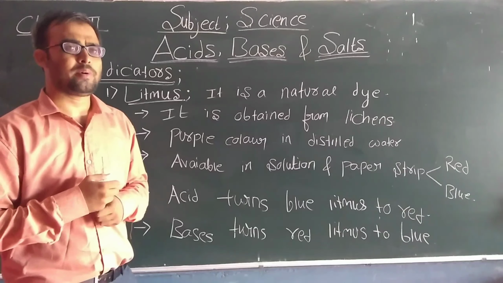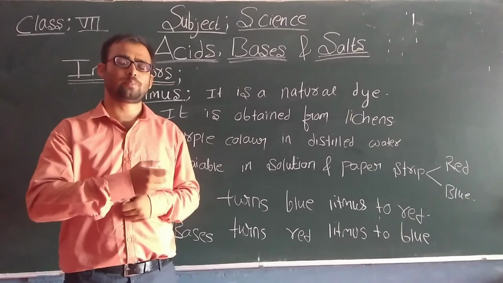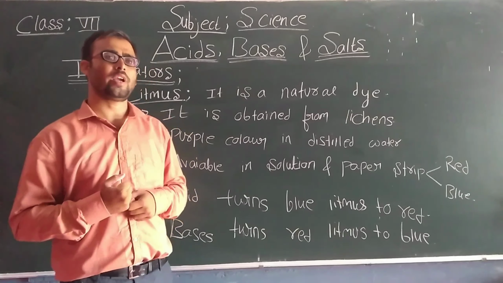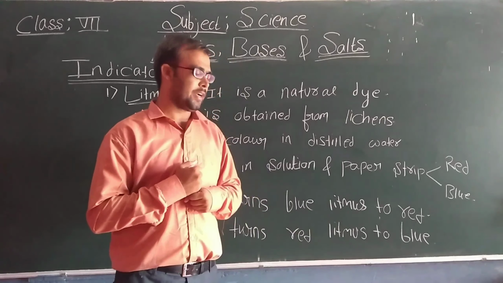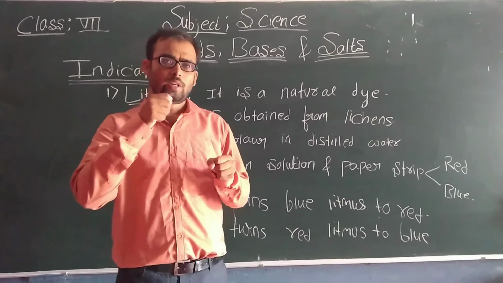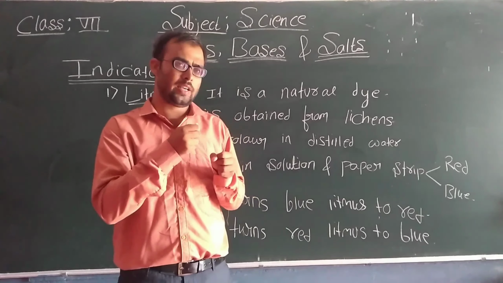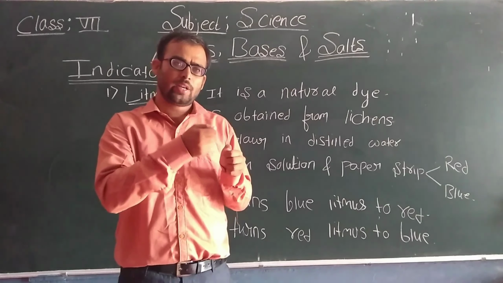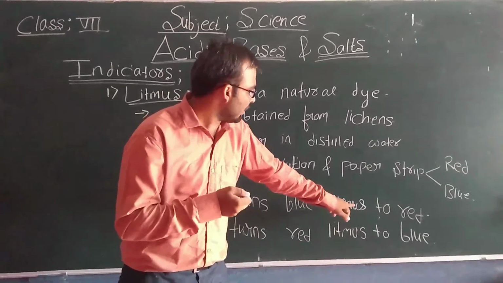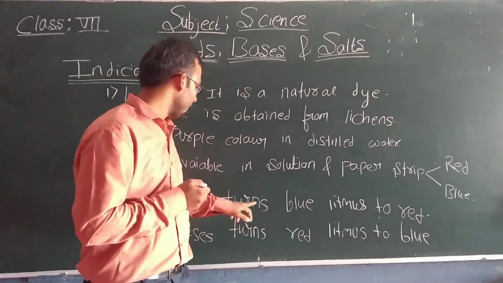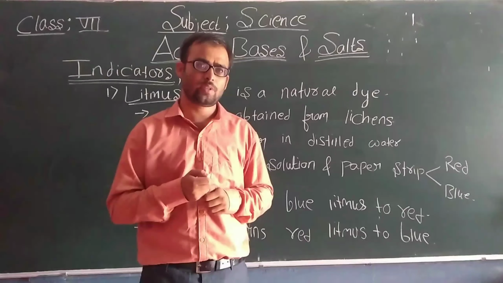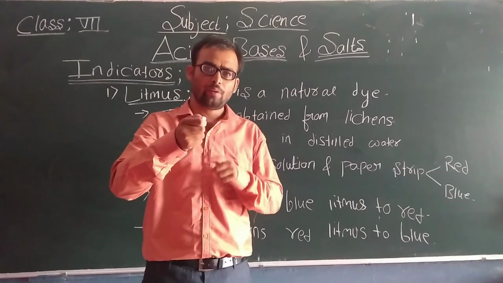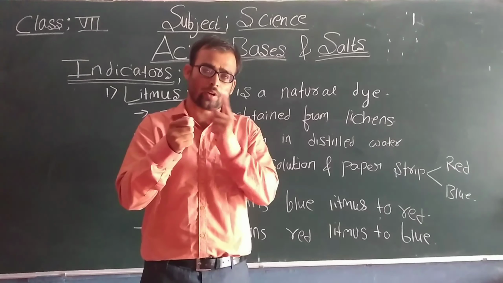By using litmus paper, how will we know whether a substance is acid or base? Look here. Acid turns blue litmus to red. Suppose we touch a substance with blue litmus paper, and the blue litmus paper turns to red.